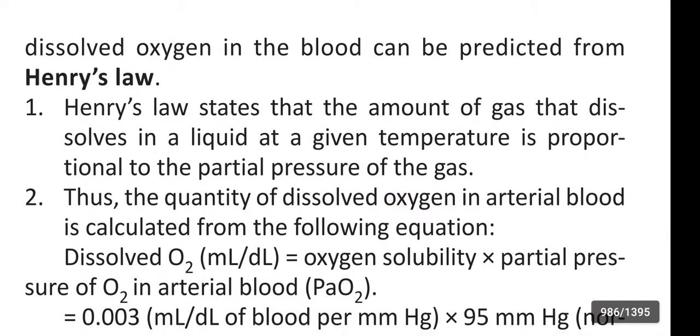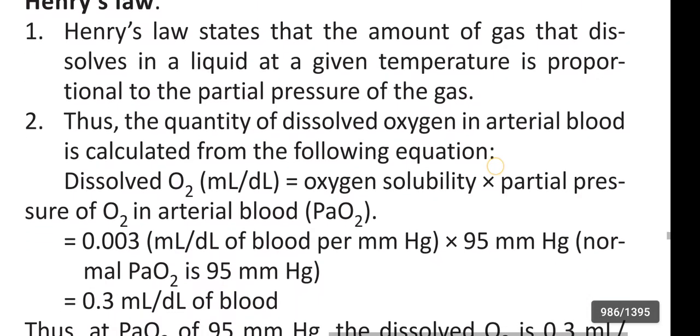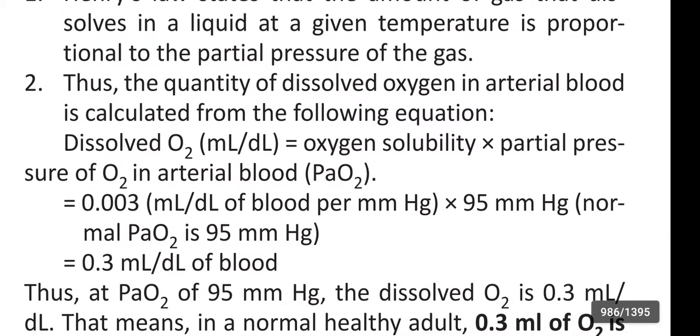Thus, the quantity of dissolved oxygen in arterial blood is calculated from the following equation. Dissolved oxygen in ml per deciliter is equal to oxygen solubility times partial pressure of oxygen in arterial blood.